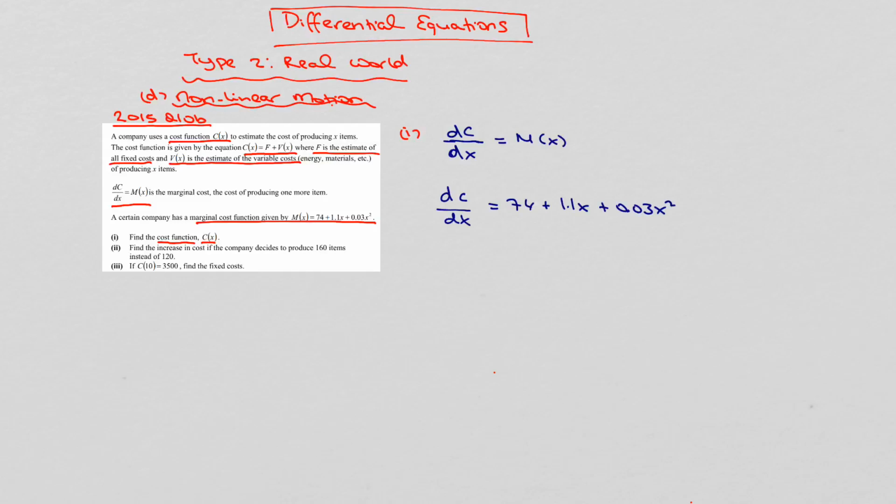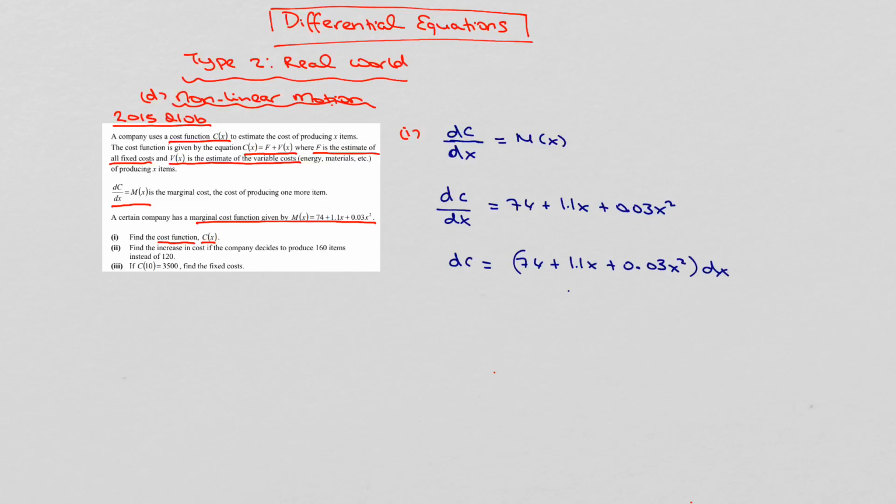So if I want to find C, essentially what am I doing? Well, I'm finding my antiderivative. And of course, if I'm finding my antiderivative, I can do as I traditionally do in applied maths, where I get dC on the left and everything else on the right, or you can just do your antiderivatives as you do in maths. That's totally up to yourself.